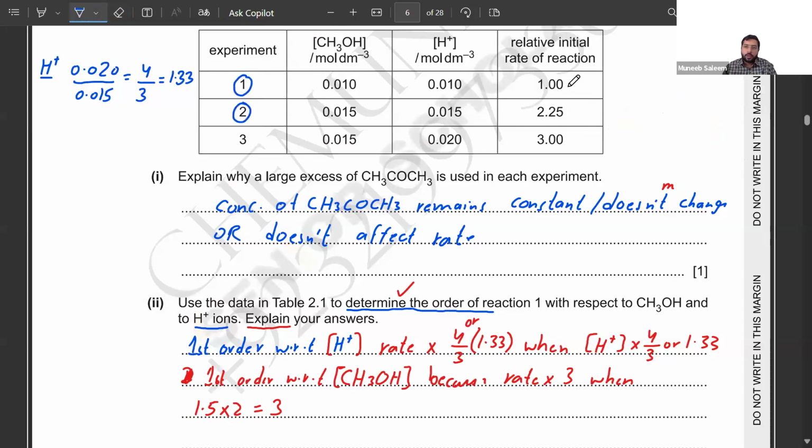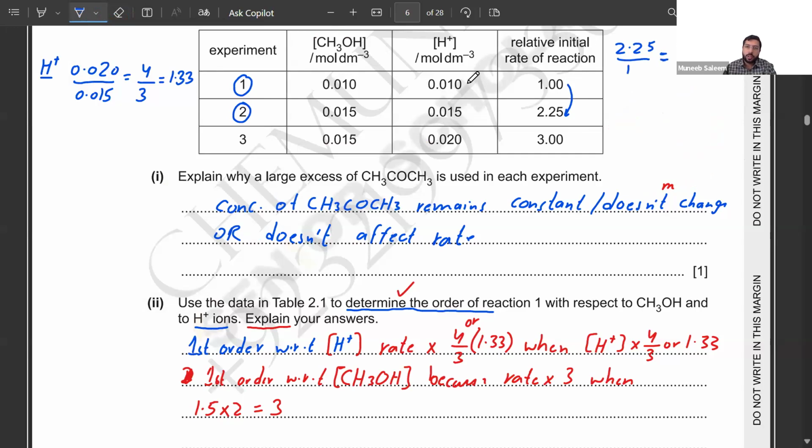The rate of reaction has changed from 1 to 2.25, which means 2.25 divided by 1 gives you 2.25.